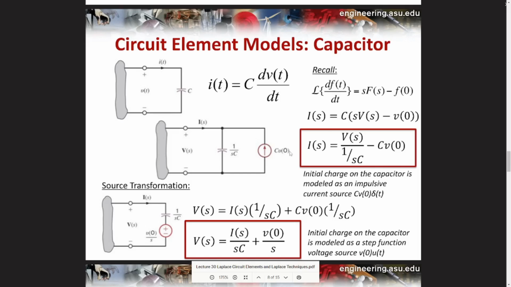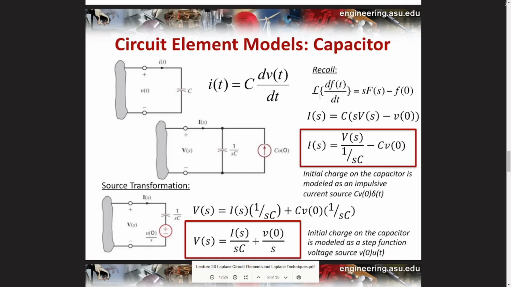Whatever that is, we call it V of 0. And then the capacitor becomes 1 over SC, which is what we would expect. It's just like 1 over j omega c. But then the initial voltage on the capacitor becomes an independent source in the S domain.